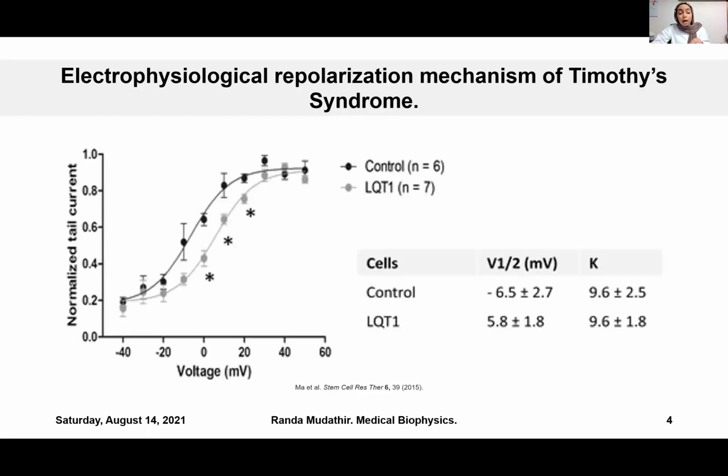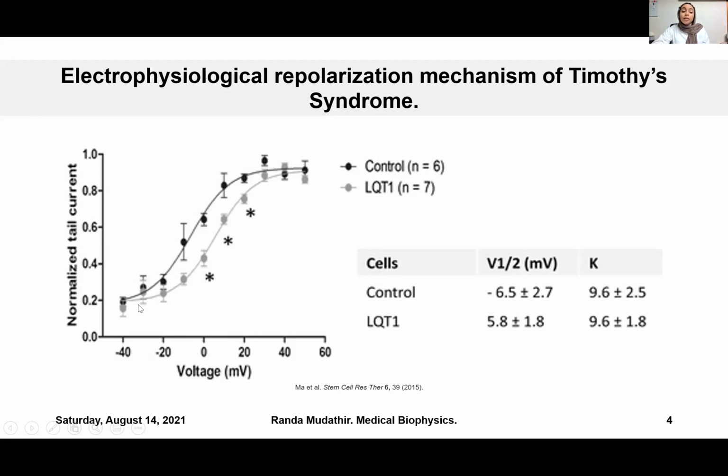The way Timothy syndrome affects the repolarization mechanism is by inducing a mutation into the IKR, which are the slowly activating delayed rectifier potassium channels. We're just going to call them IKR for short. They are the channels responsible for repolarizing the myocytes. In the figure on the slide, the black curve represents the potassium channel in a control group, so there's no mutation.